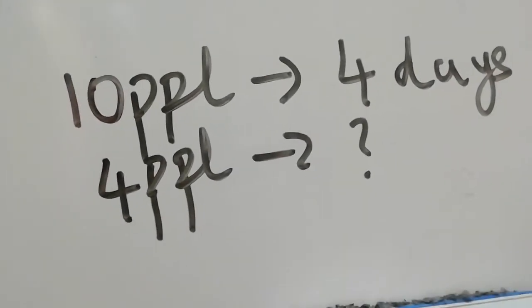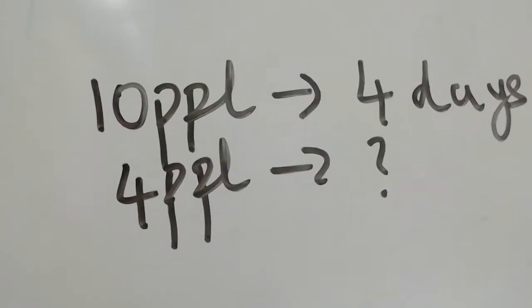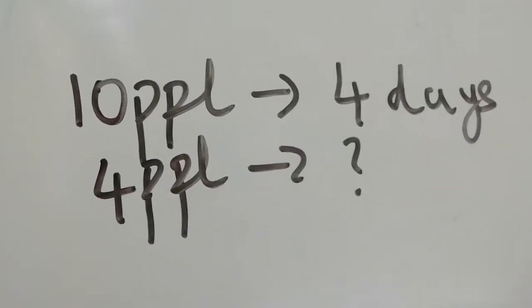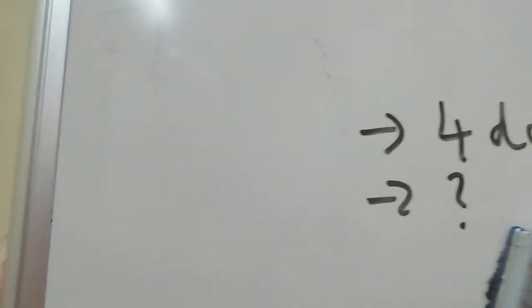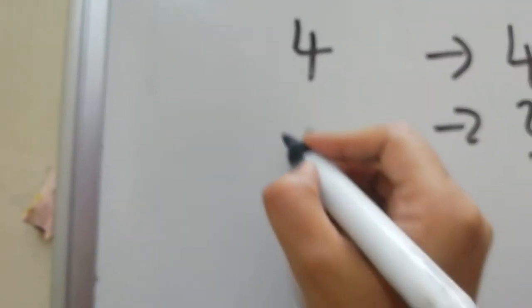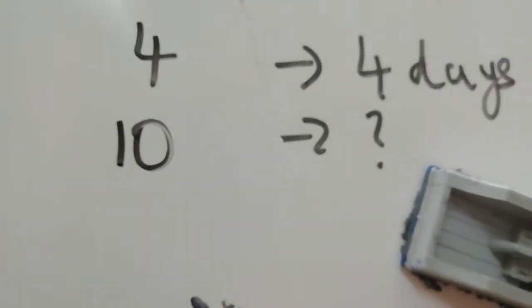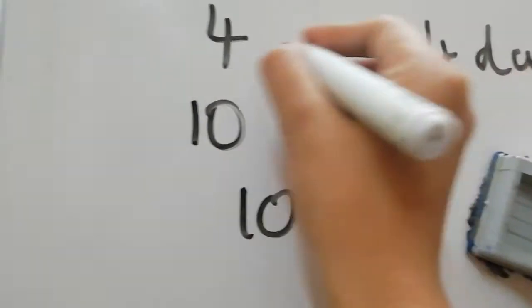If I do straight away, 4 times 4 is 16 divided by 10 is 1.6 days. Number of people has gone down, so definitely the number of days will increase. So I will inverse my days. I will put 4 up and I will put 10 down. So 10 times 4 is 40 and this will be divided.